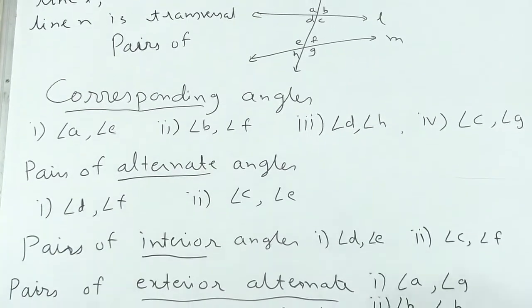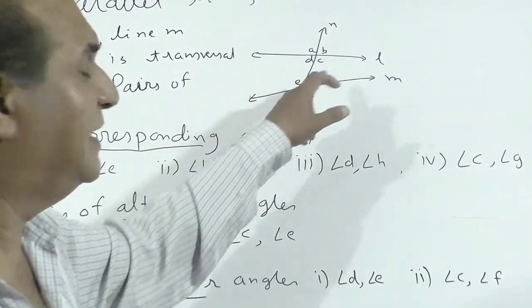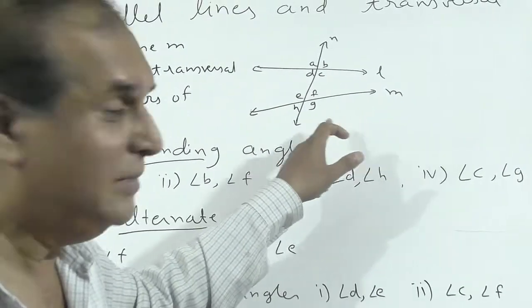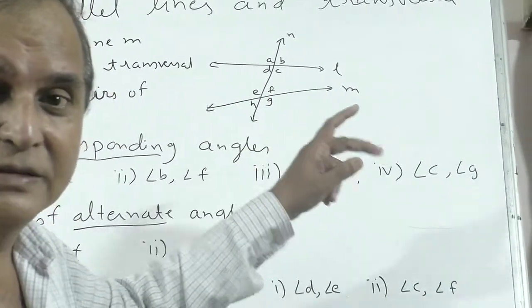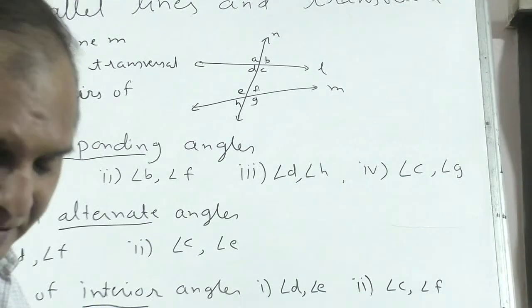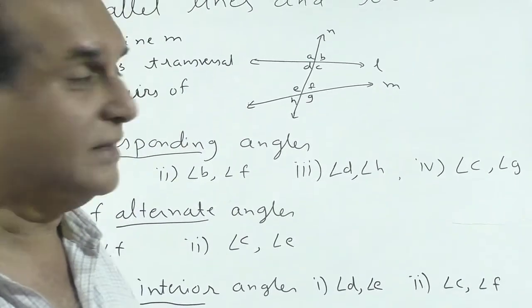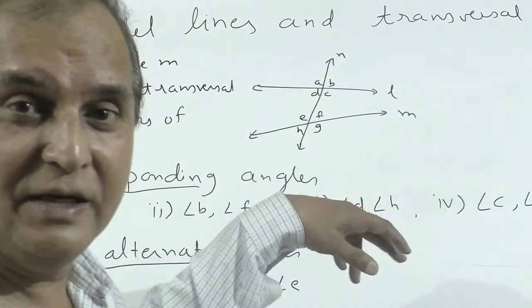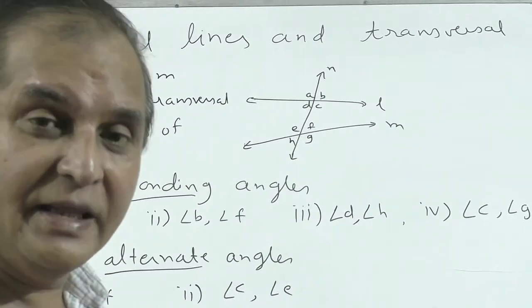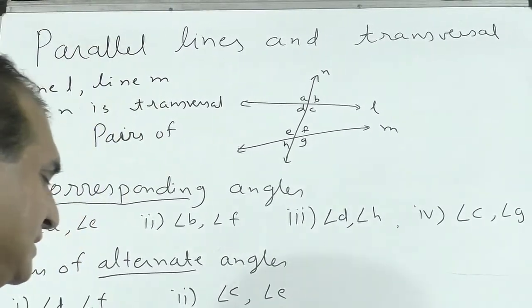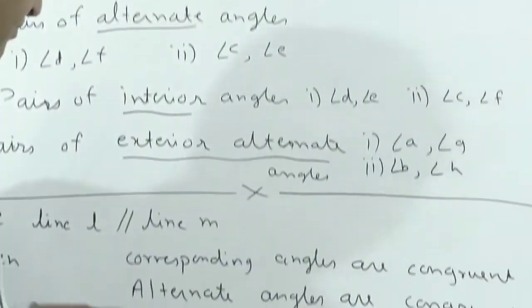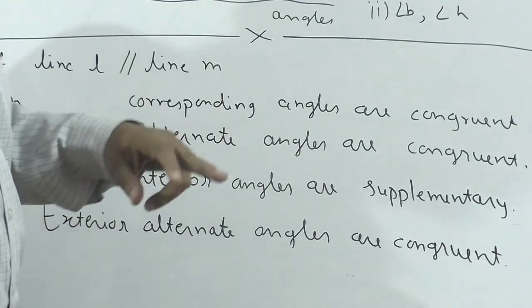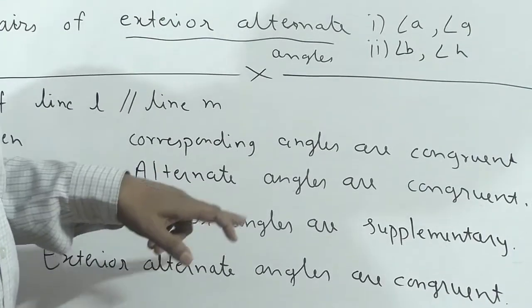Now suppose line L is parallel to line M. Parallel means never intersecting, so lines L and M will not intersect, but the transversal will intersect both lines. Then corresponding angles are congruent, alternate angles are congruent, and interior angles are supplementary.